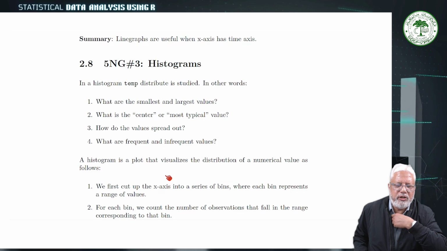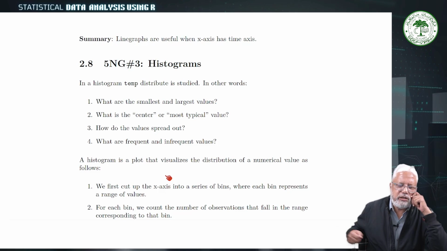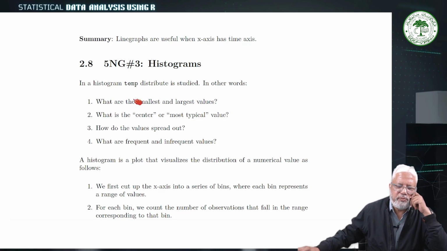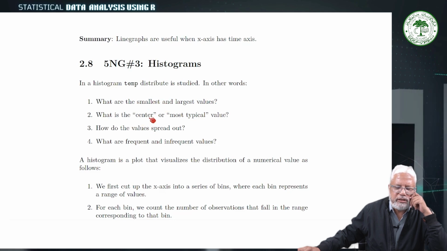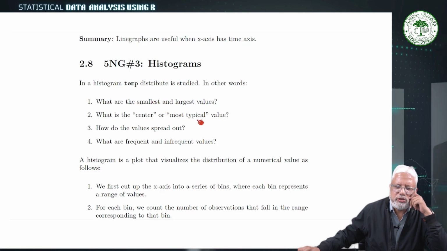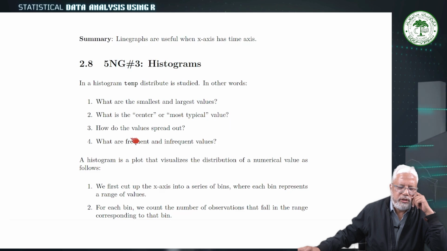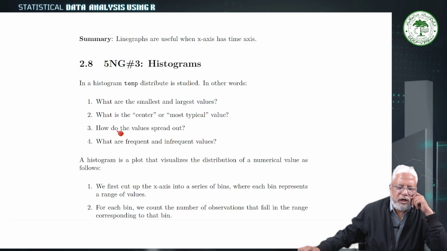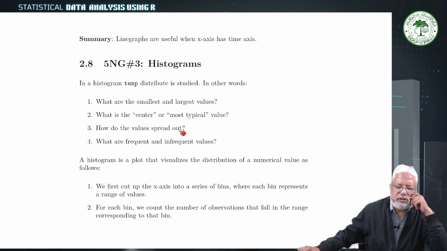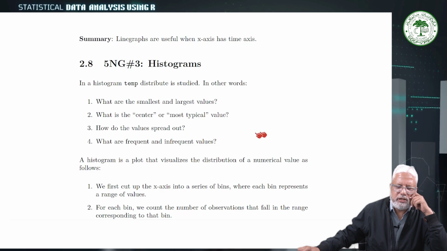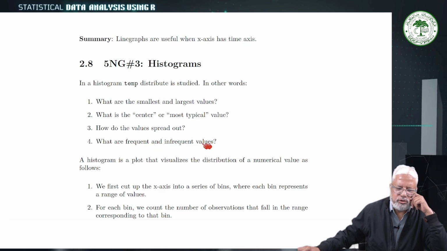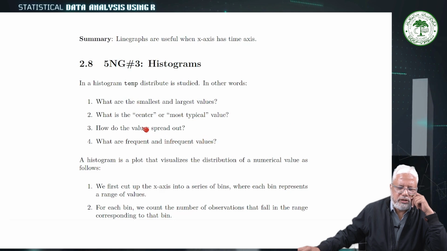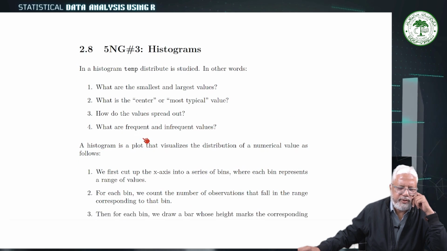These are the things which we observe in a histogram. What is the center or most typical value? Then how do the values spread out? What is the range of spread? What are frequent and infrequent values? So, these are some of the features of a histogram.